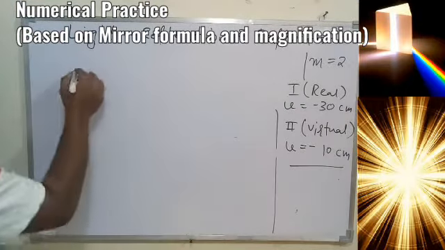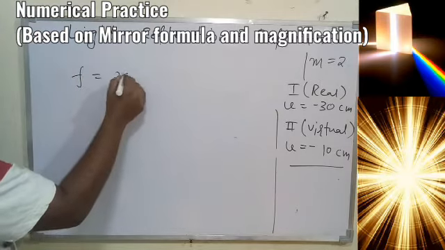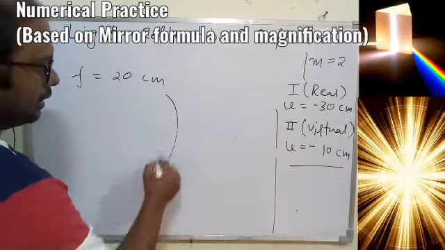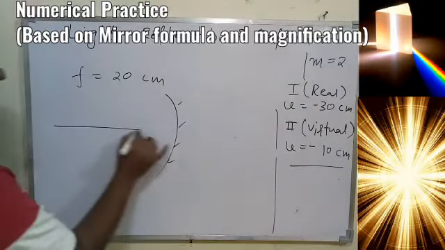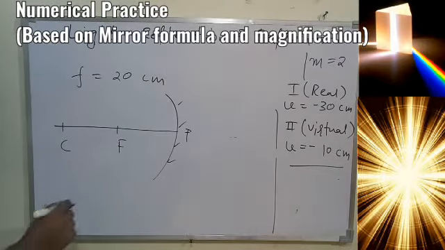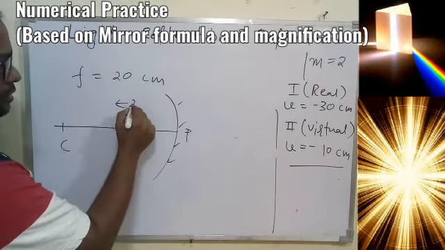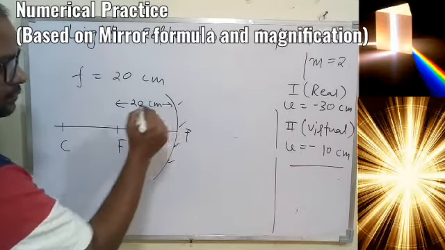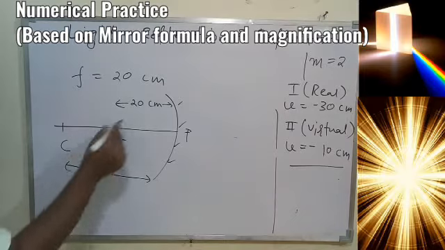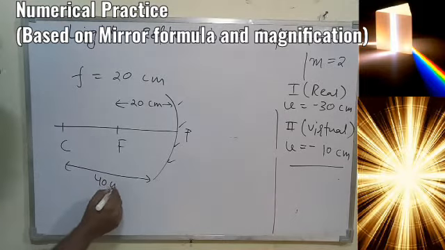So one thing you know, the focal length is given as 20 centimeter. So you understood, if we have the concave mirror, this is P, this is F, this is C. So this is your 20 centimeter, no doubt. Yes or no? And this total will be how much? 20 plus 20, 40 centimeter.